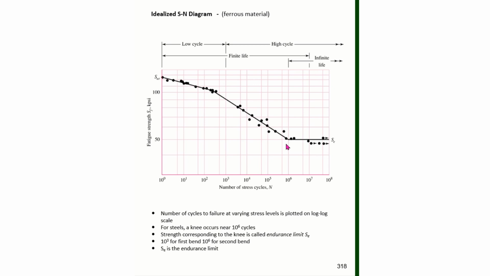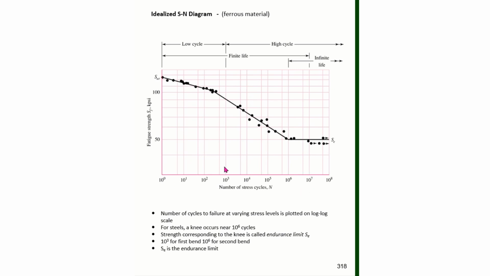For non-ferrous materials, a lot of people say there is not an endurance limit. And we will discuss that in a minute. So you need to be able to reproduce this plot, label the important regions on the plot, and be able to discuss these important values.